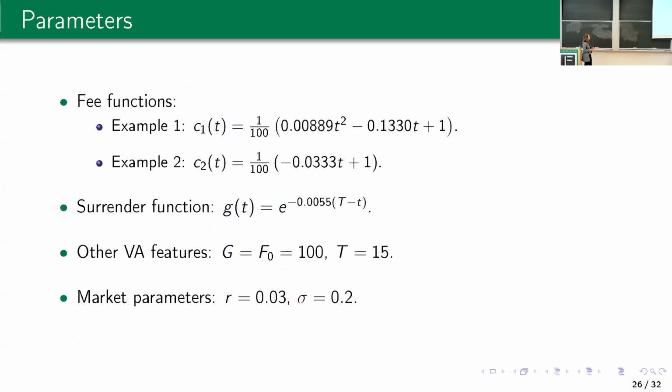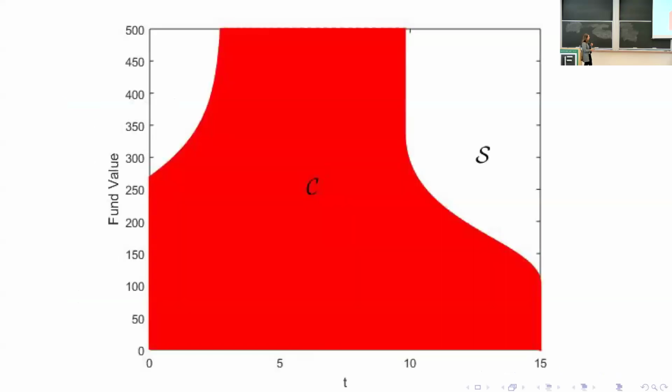What we have here, so we just looked at fee functions that depend on time. We have, again, a surrender function that looks like what we had in the previous talk. And we get some weirder surrender regions like this.